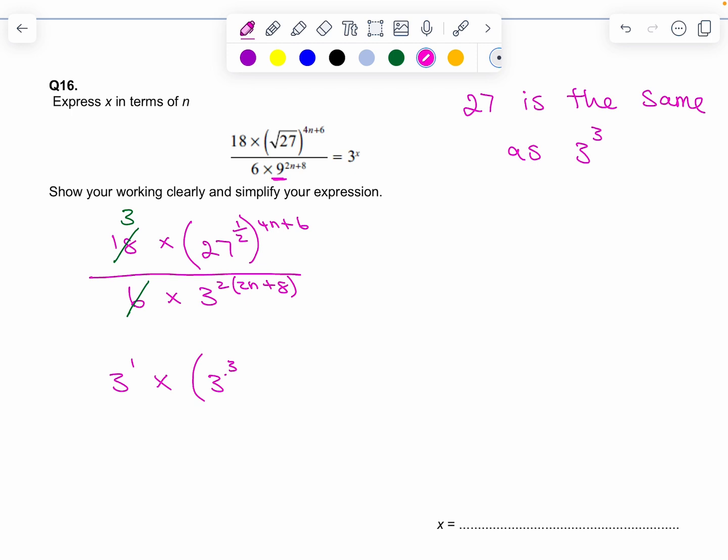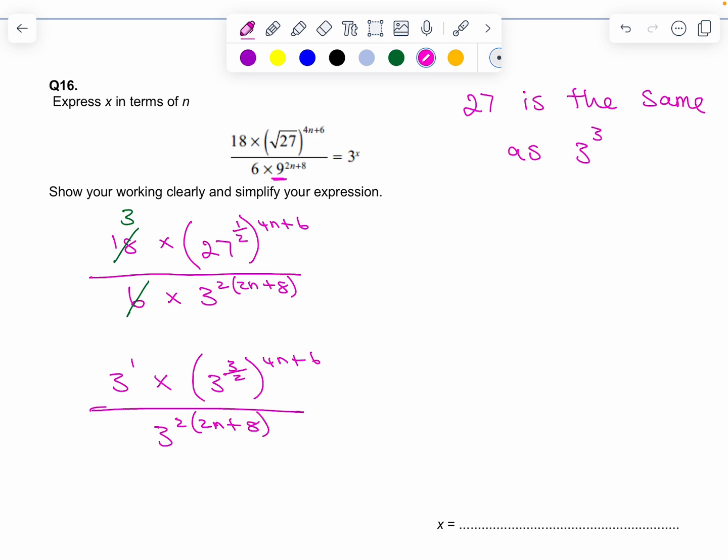And I've got it times by a half, so 3 over 2. And I've got the 4n plus 6 out there. And then at the bottom, I've got 3 to the power of 2 times n plus 8.